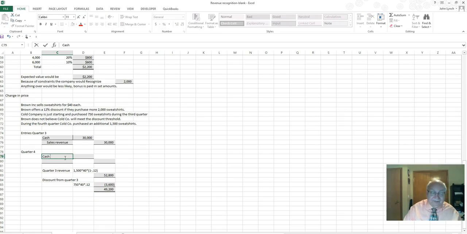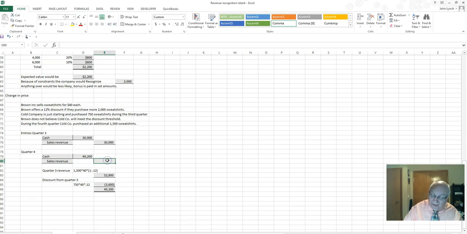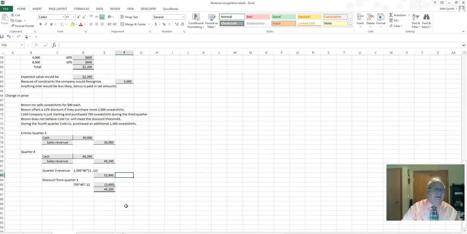So cash, or our accounts receivable, will be for $49,200, which we calculated below, and sales revenue will be for $49,200. Okay, that is the change in price. So that concludes this part of it, and for the next part we're going to go into long-term capital projects.